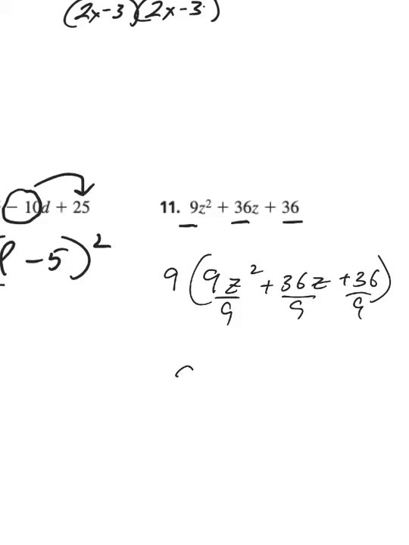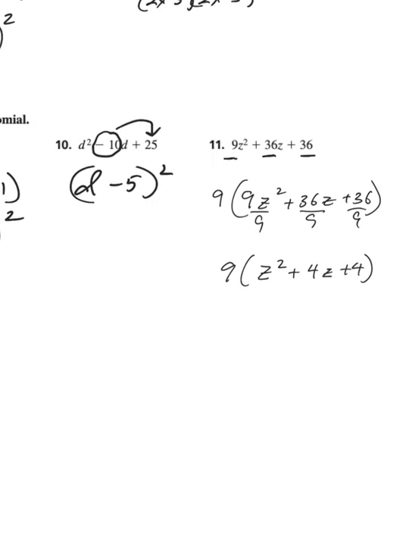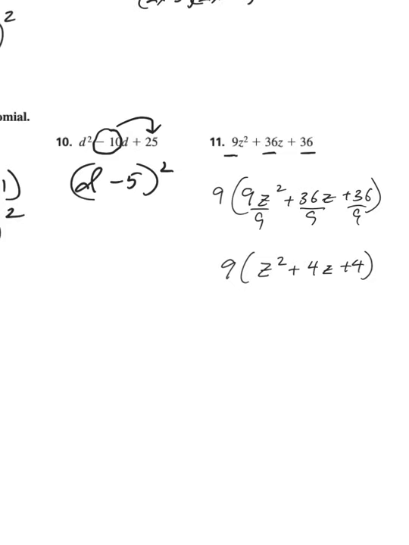So I'm going to get 9 times z squared plus 4z plus 4. And again, this is a trinomial square, and you can factor it. So this becomes 9. Why is this a trinomial square? Because half the middle term is 2, and squared it is 4. If half the middle coefficient squared is the last term, you got it.